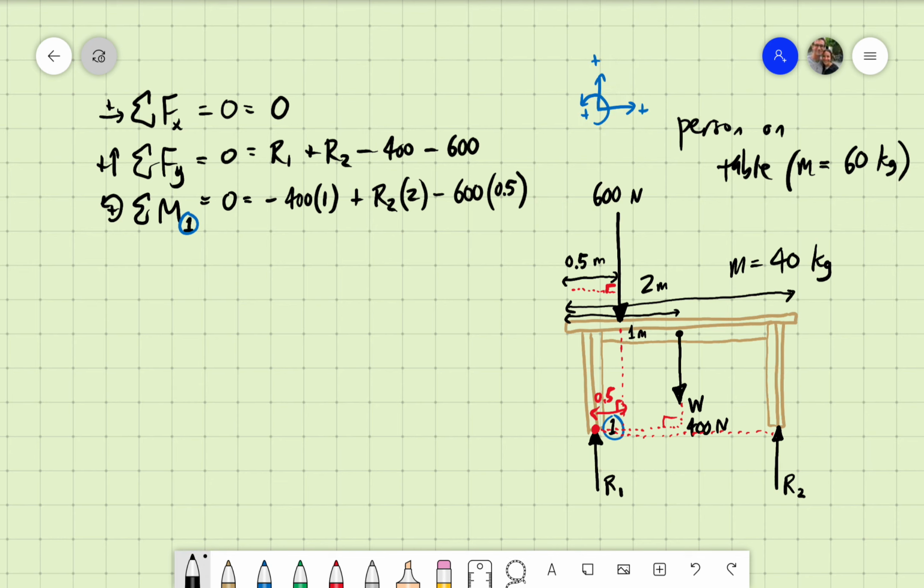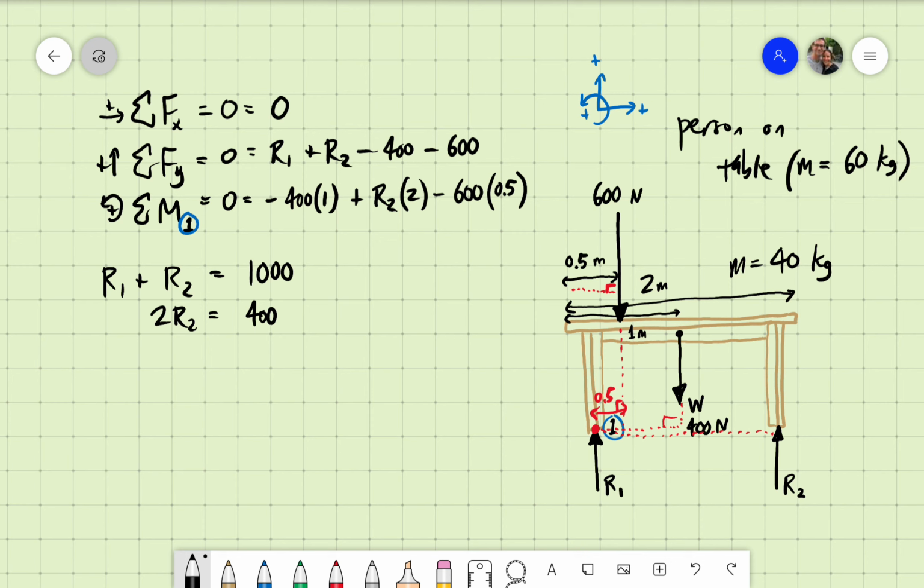Here are some useful equations. We have R1 plus R2 equals positive 1,000. Hope you can see how I did that. I added 400 and then added 600 to both sides. It totals up to 1,000. On the other side of things, we have 2R2.